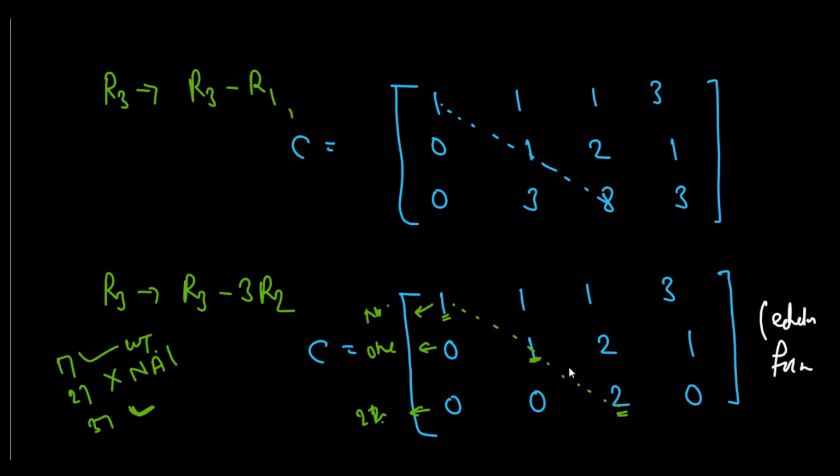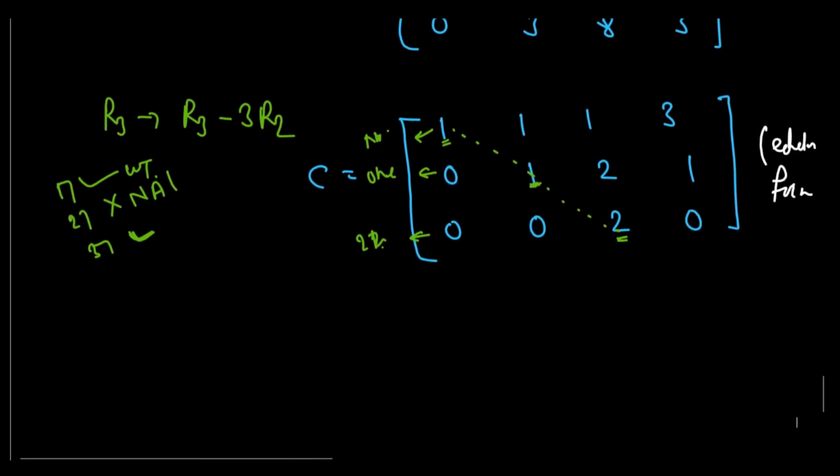If the matrix is in echelon form, then we can easily write down the rank of the matrix. So write down the rank of the matrix C. Rank of C, which is also denoted by the rank symbol, rho of C. Rank means the number of non-zero rows.